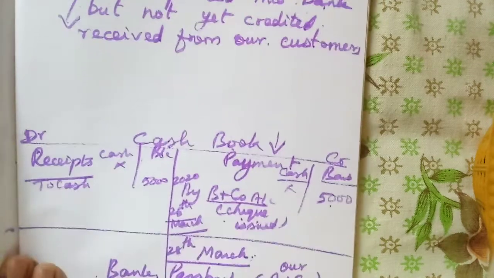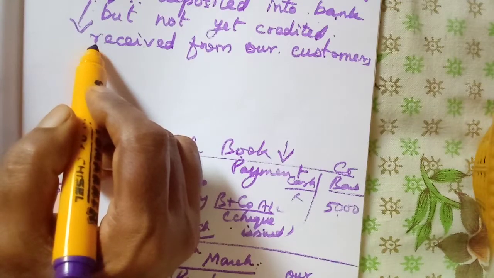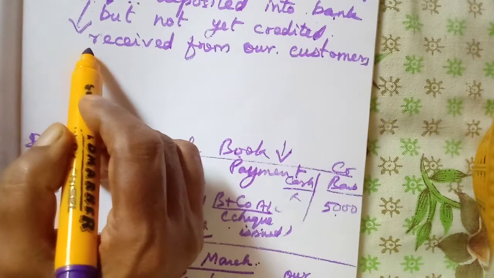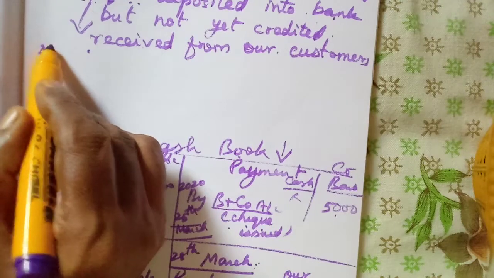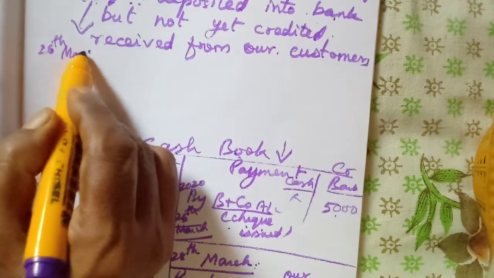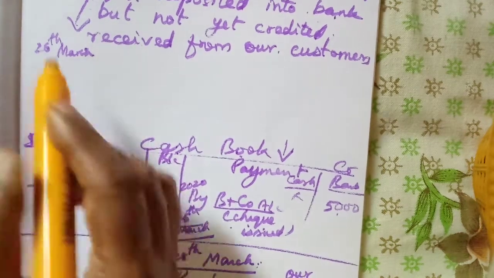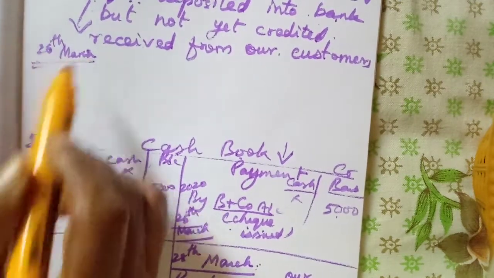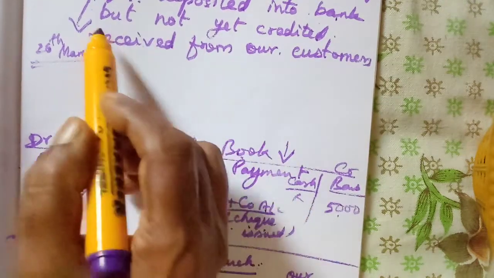We are entering the same date, 25th or 26th March. At the end of the accounting year, it may not be entered in the bank, that is why the difference arises. 26th March they are depositing. We have entered it. But what will the bank do?